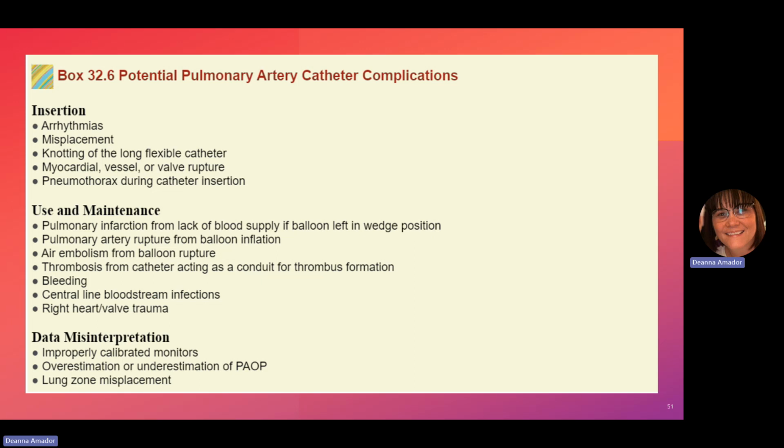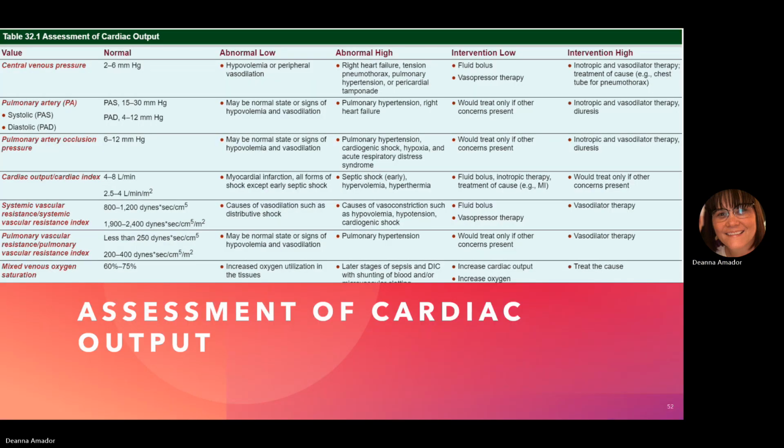Okay, so here's some different complications that can happen with a pulmonary artery catheter. You guys can kind of look over that. And then the next slide here is from out of your book, table 32.1.